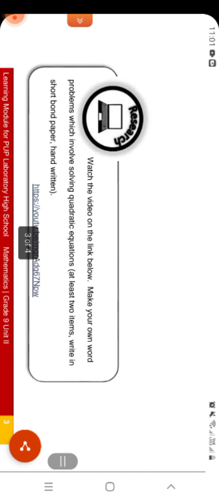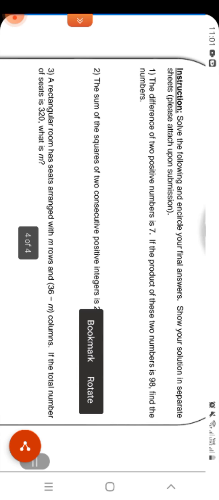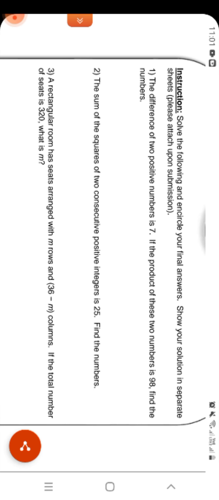Okay, going back to our example, problem number 3. So the room is arranged in m rows and 36 minus m columns. If you have a room like this, these are your seats.